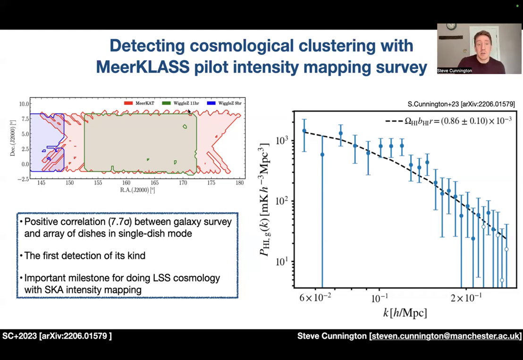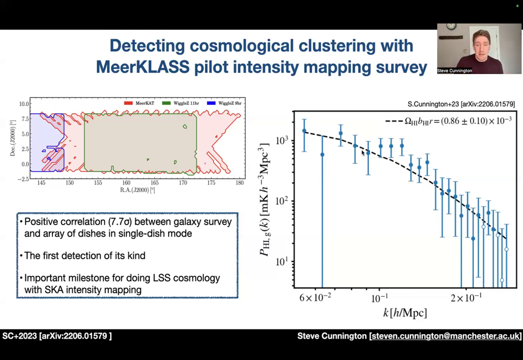And these observations we got to overlap with an existing spectroscopic galaxy survey, the WiggleZ 11-hour field shown by this footprint here. The reason for doing this is because we wanted to see, after doing all these foreground removal processes and this regridding, all this stuff we have to do, whether we still have a cosmological signal within these maps. The way you do this is by cross-correlating the two fields.